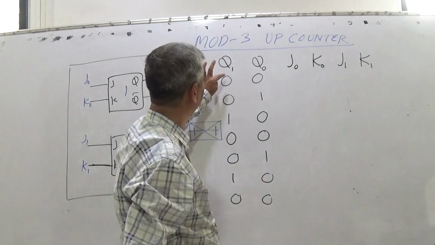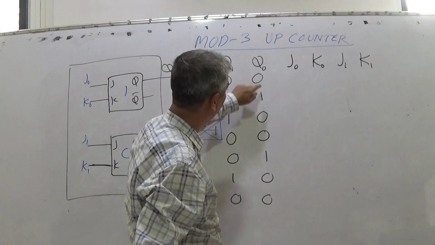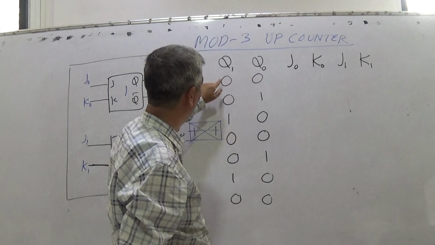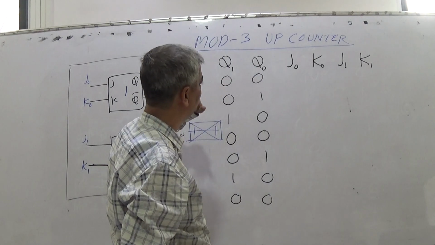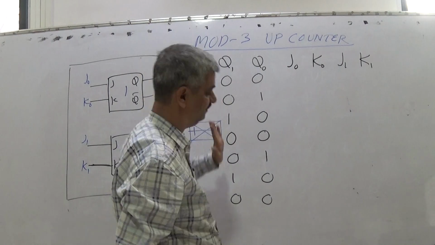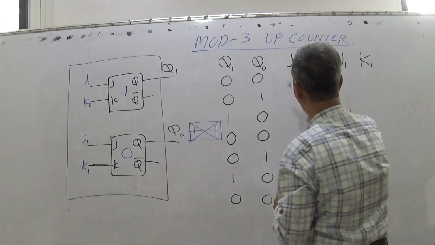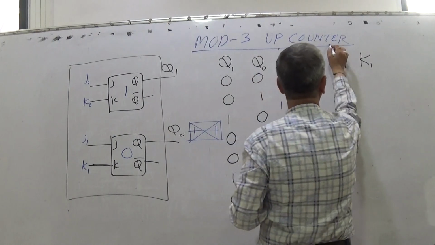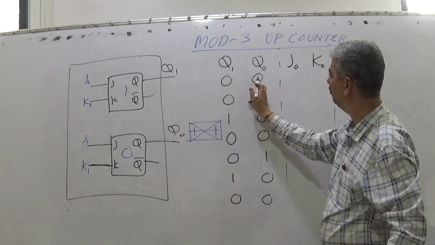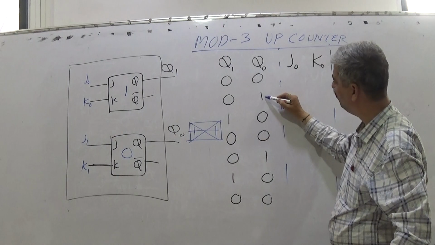So when Q1, Q0 are 0, 0, you want the next Q0 to be 1, and you want the next Q1 to be 0. So we need to decide for flip-flop number 0 separately and flip-flop number 1 separately. So for Q1, Q0 at 0, 0, we want Q0 to be 1.